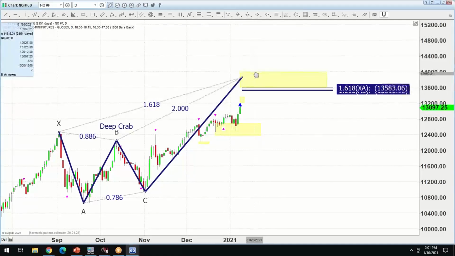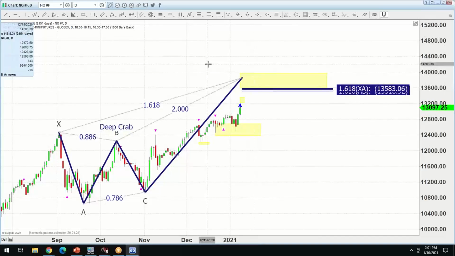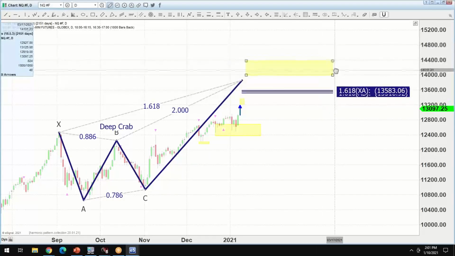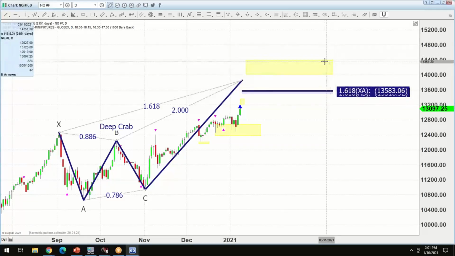But if it's going to fail and some kind of larger insane scenario is going to take shape for the NASDAQ, I will just take that distance, and the hop is around 14,000, project it above it, and we can guesstimate at this moment and say, hey, NASDAQ 100 gets above 14,400, 14,500. There's something much stronger happening, and that pattern's failed. That's the way we think about it.